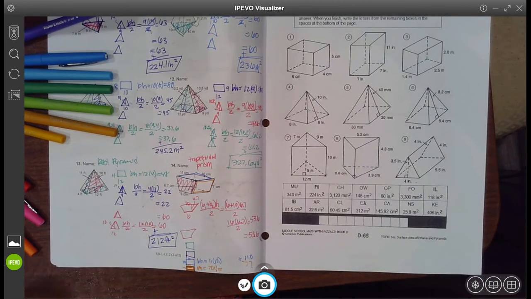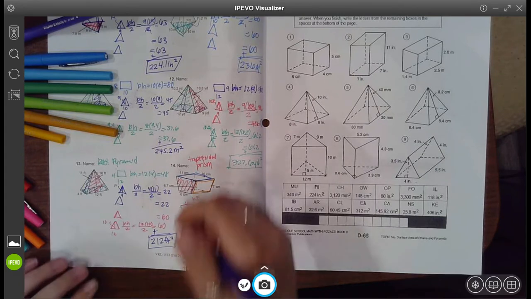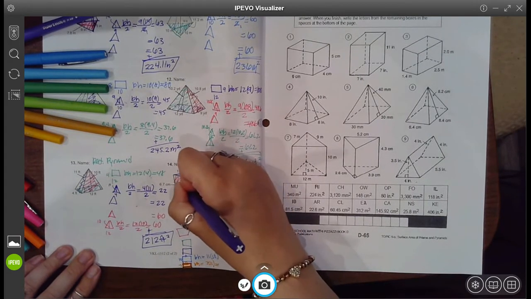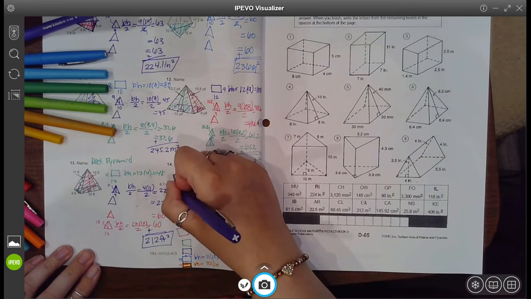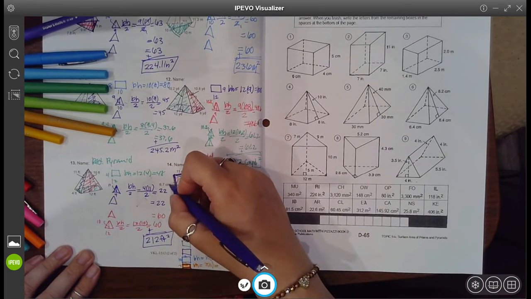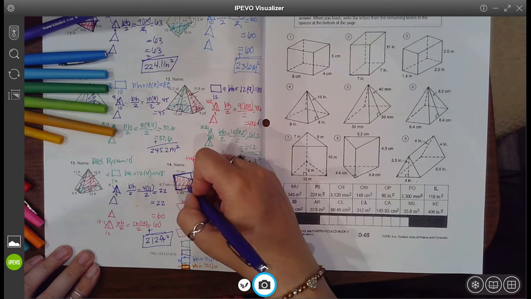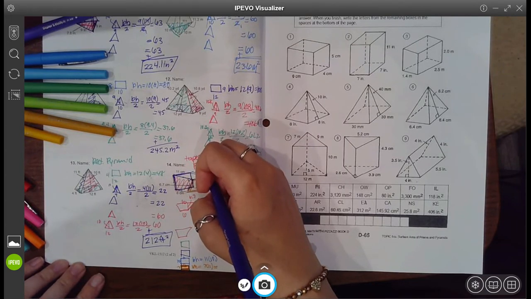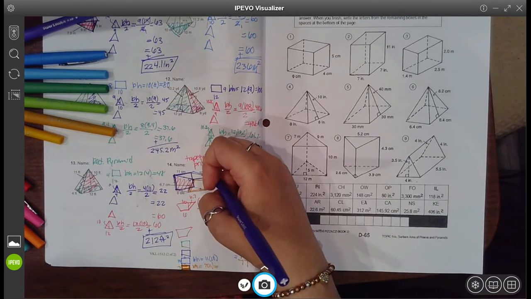Okay, I need a third one. Aha, I see it hiding back there. And that is, it's not 6.7. That 6.7 is talking about that guy. What do you think? What is that one?